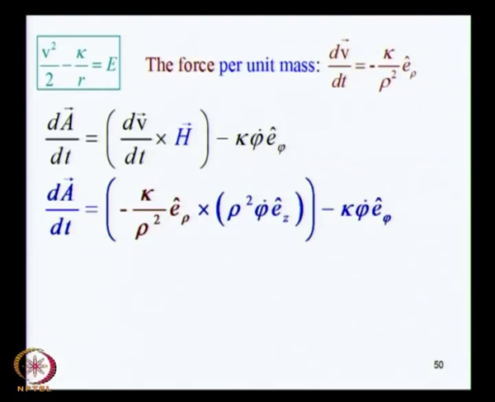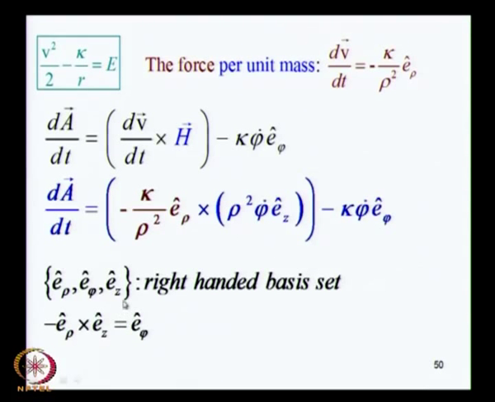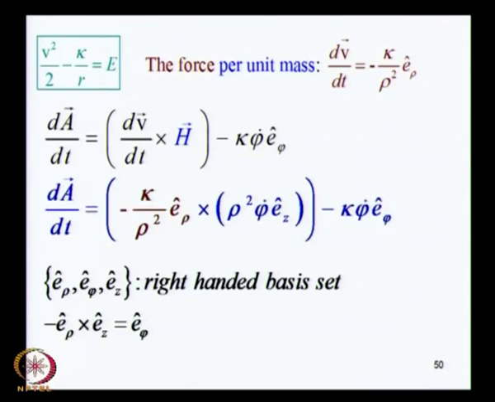And you already know that in the cylindrical polar coordinate system, E rho, E phi, E z constitute a right handed triad of unit vectors. So, the cross product of E rho and E z is equal to minus E phi. So, minus E rho cross E z, which is what you have over here, this minus sign, minus E rho cross E z is equal to E phi itself, and you find that the first term is exactly equal to the second term.